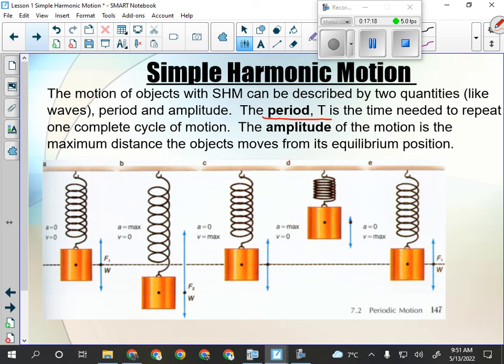For a mass on a spring, it's got to go out, up, back, or over, and back. It's got to go through one full cycle. Okay? How many times does it go through equilibrium in one cycle? Twice. Okay, so it goes through equilibrium twice in one cycle. Right, so that would be the period, or the amount of times it does that in 1 second would be the frequency. The amplitude, that's something new.